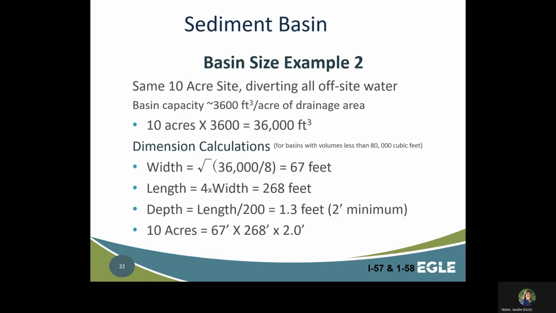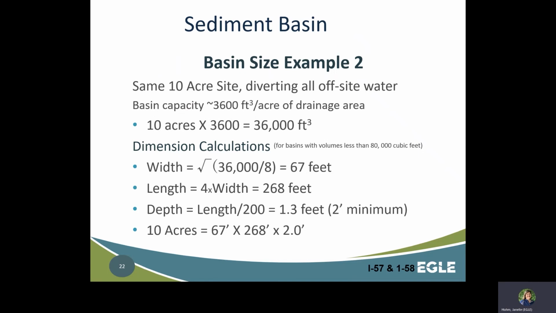For this example, we use the formula for calculating length, width, and depth for volumes less than 80,000 cubic feet. To determine width, we calculate the square root of the quotient of the volume divided by 8. For our example, this is 67 feet.